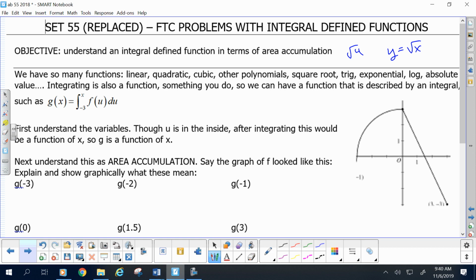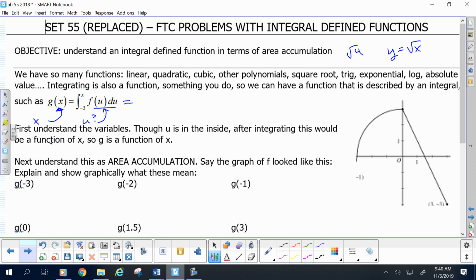And as far as the variables go, let's understand the variables. You can see that it says g is a function of x, yeah? And yet in this here, it seems like you've got u's going on. What the heck is going on? Well, think about that in terms of the fundamental theorem.